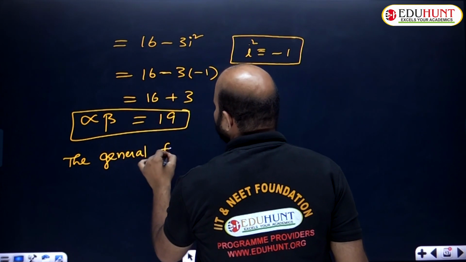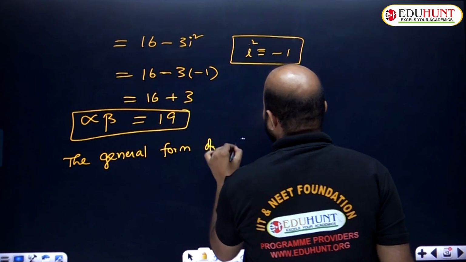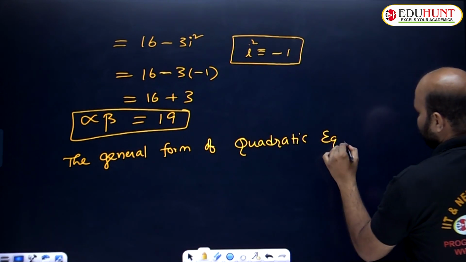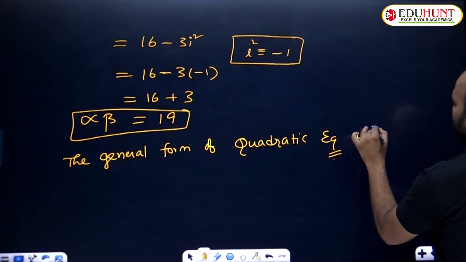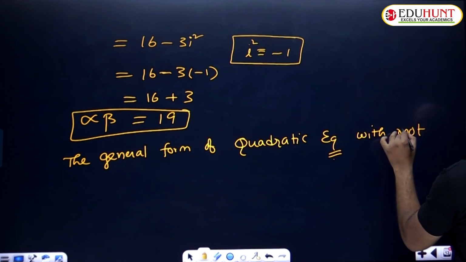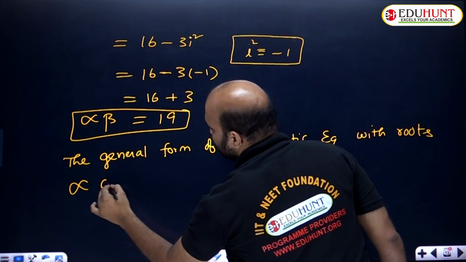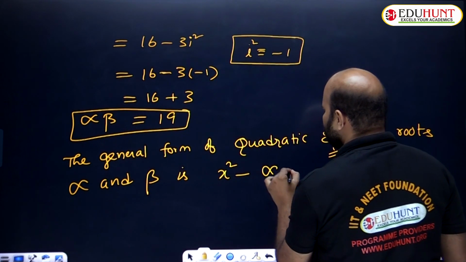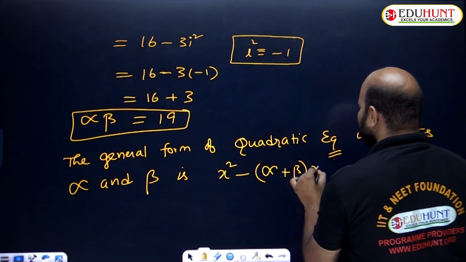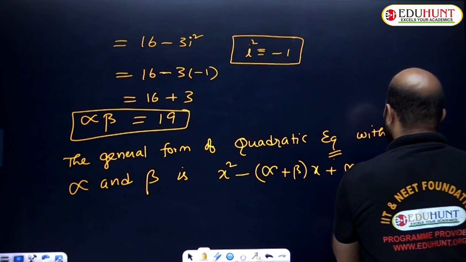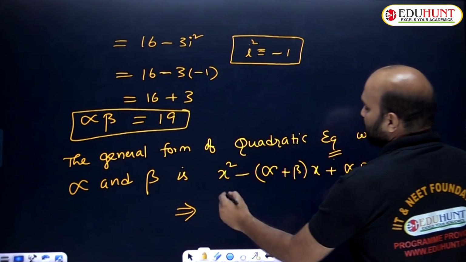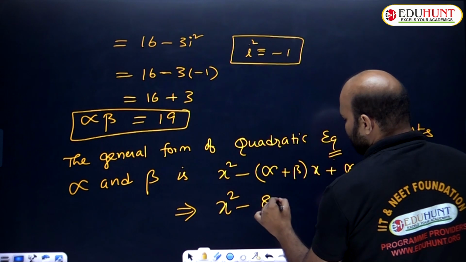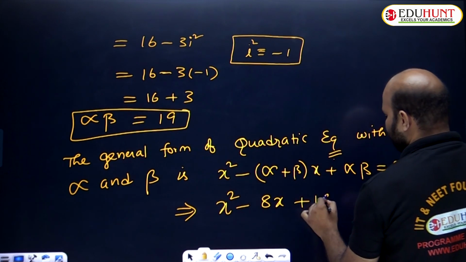The general form of a quadratic equation with roots alpha and beta is x square minus alpha plus beta into x plus alpha into beta equal to 0. So it can be written as x square minus the alpha plus beta value, 8, so 8x, plus alpha into beta, 19, equal to 0.